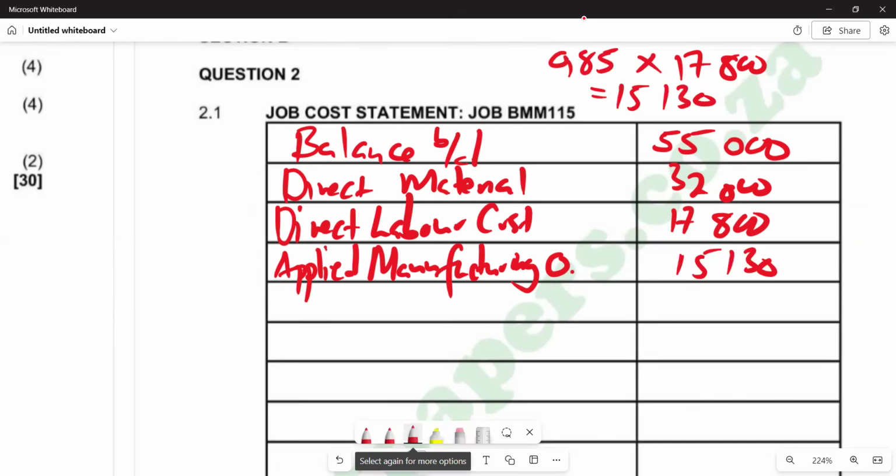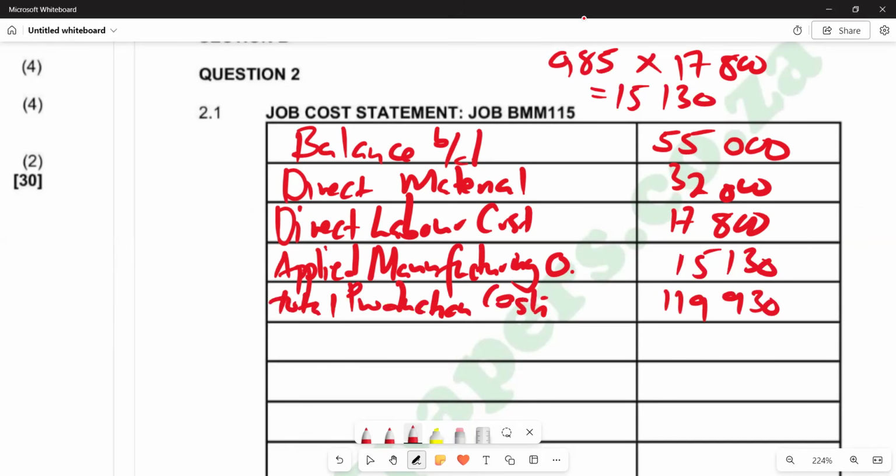With that, we can now find our total production cost. For total production cost, we are saying 55,000 plus 32,000 plus 17,800 plus 15,130. And then we are going to get 119,930.